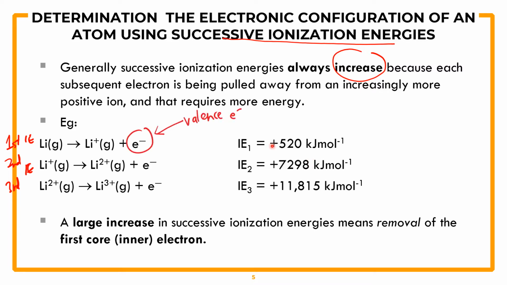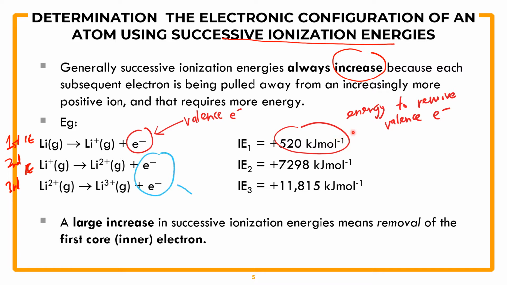So from here, since kita nampak IE, the first IE here, gap antara first IE dengan second IE ni macam sangat besar. Okay, so we can assume, we can buat deduction bahawa this energy adalah energy yang diperlukan untuk remove the valence electrons. Sementara dua electrons ini lagi yang merujuk kepada inner electron, dan ini adalah energy to remove the inner electron.